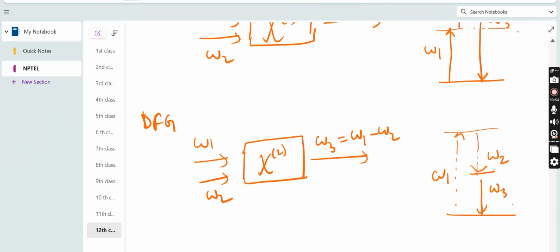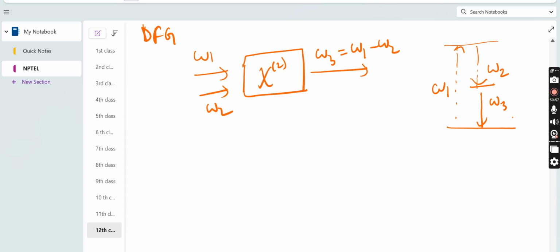So basically, the atom first absorbs a photon of frequency omega 1 and jumps to the highest virtual level. This level then decays by a two-photon emission process, one photon of omega 2 and another of omega 3. So that is only one absorption and two emissions.